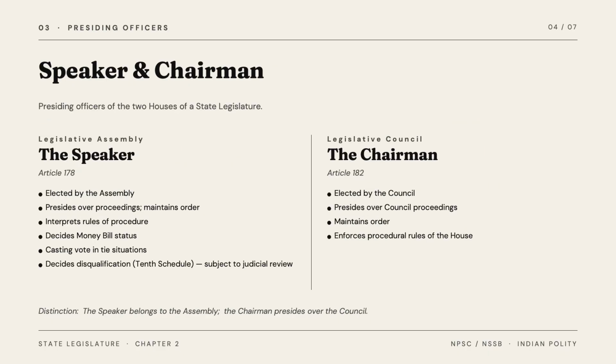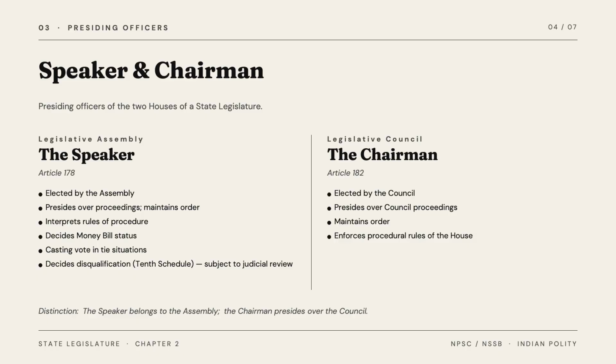The speaker and chairman. Chairman will be legislative council. Speaker will be legislative assembly. So they have similar powers and functions. Okay. The speaker decides whether a bill is a money bill, and has a casting vote in case of a tie, and he also decides disqualification under the Tenth Schedule, subject to judicial review, right?